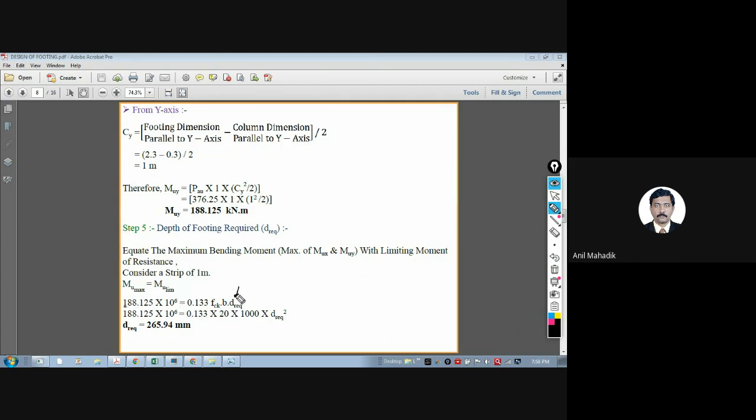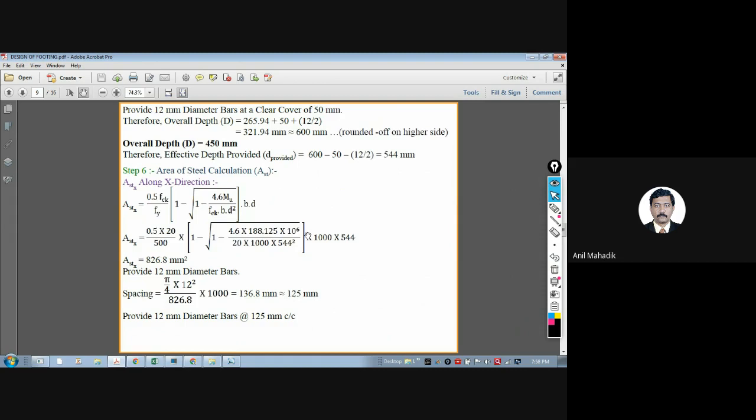We are interested in D. What is the D required for this moment? D required is 265.94. D is the effective depth, so you need to add the cover and D by 2. If you assume 12 mm diameter, then the overall depth will be 265.94 plus cover 50 plus diameter by 2.